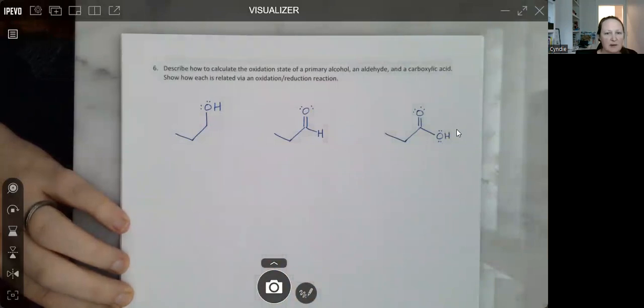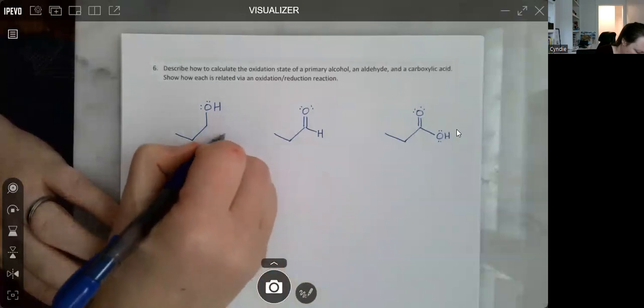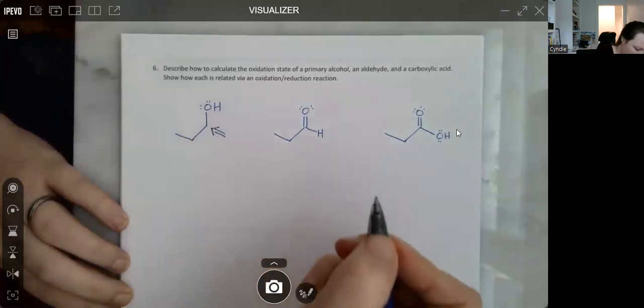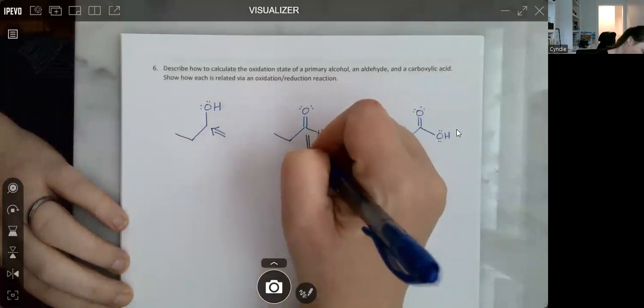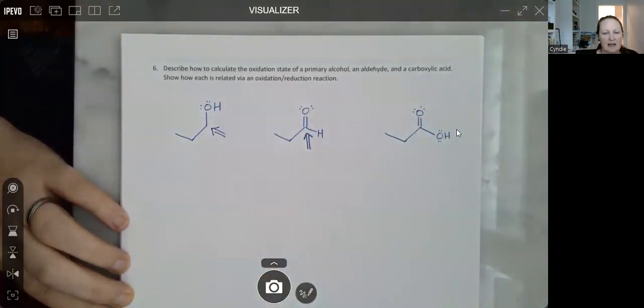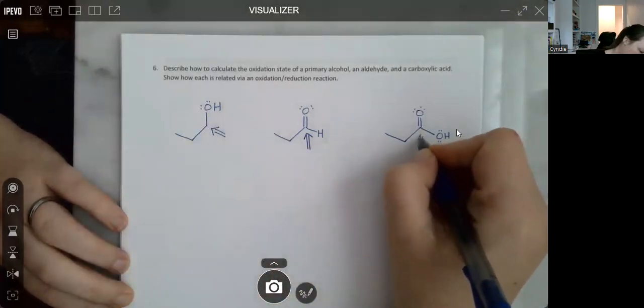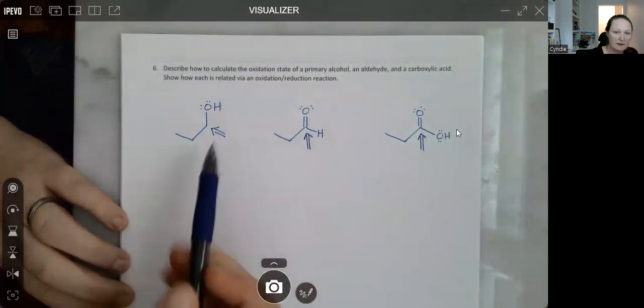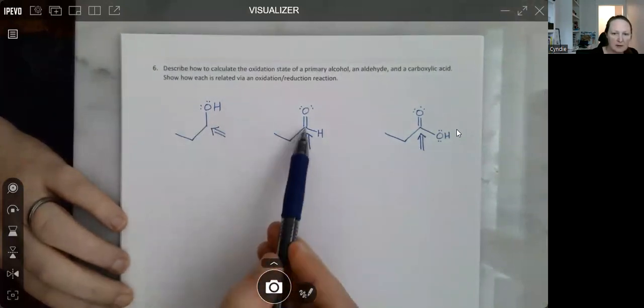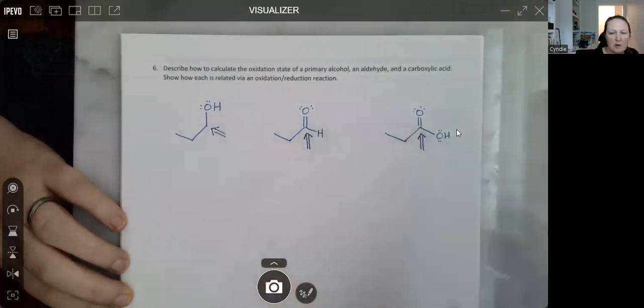So when it talks about calculating the oxidation state, they actually want you to calculate the oxidation state of the carbon that is being either oxidized or reduced depending on which way you're going synthetically. So they want us to calculate the oxidation state for this carbon, the alpha carbon here, or the carbonyl or carboxyl carbon. Okay, so how do we do that?